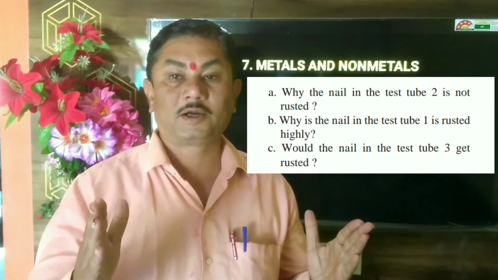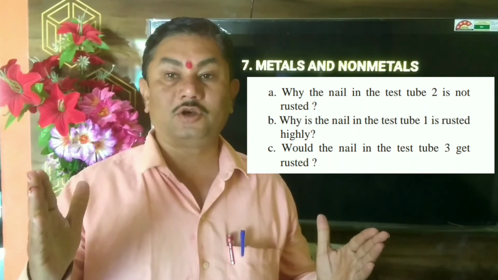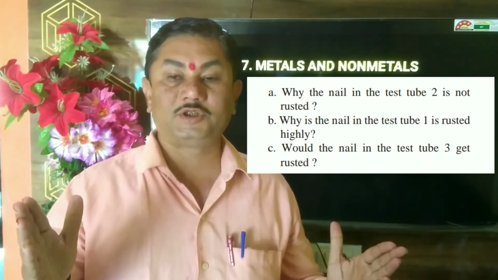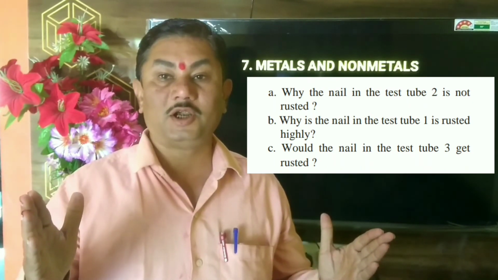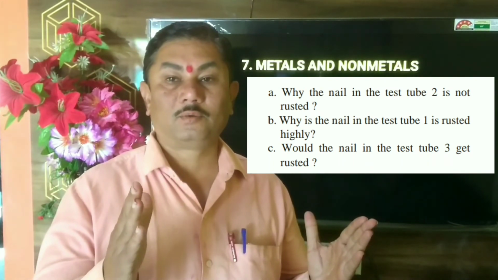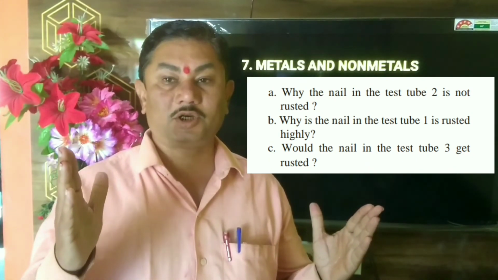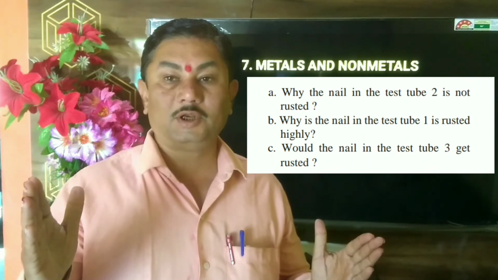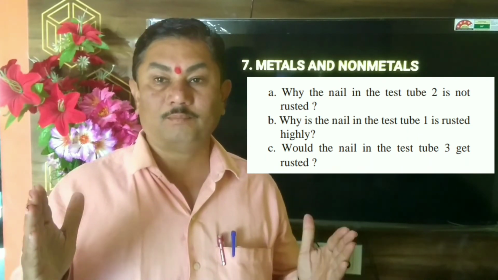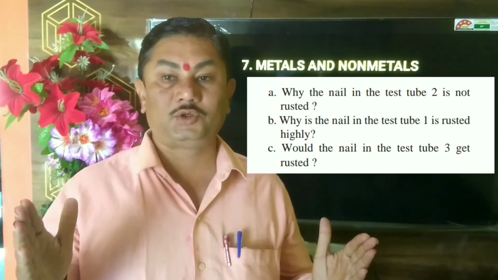Because both the factors necessary for the rusting of iron, that is oxygen and moisture, are present in test tube number 1. Question number 3. Would the nail in test tube number 3 be rusted? No, the nail in test tube number 3 is not rusted because moisture is absent in test tube number 3.